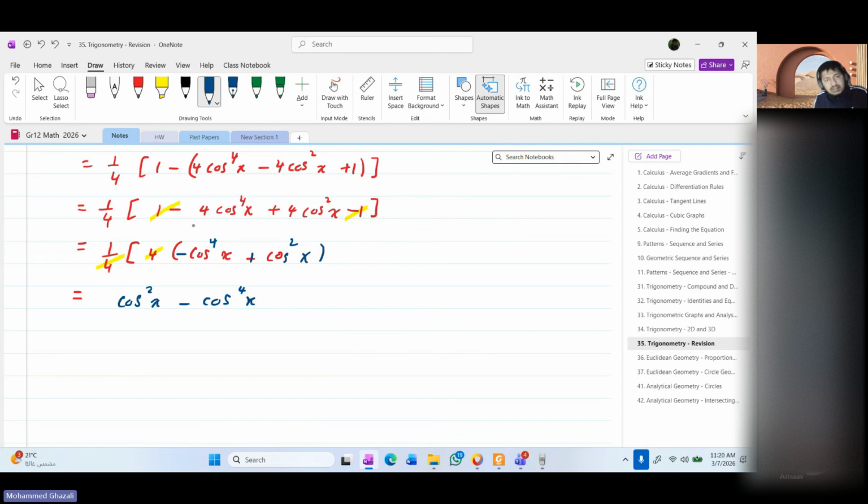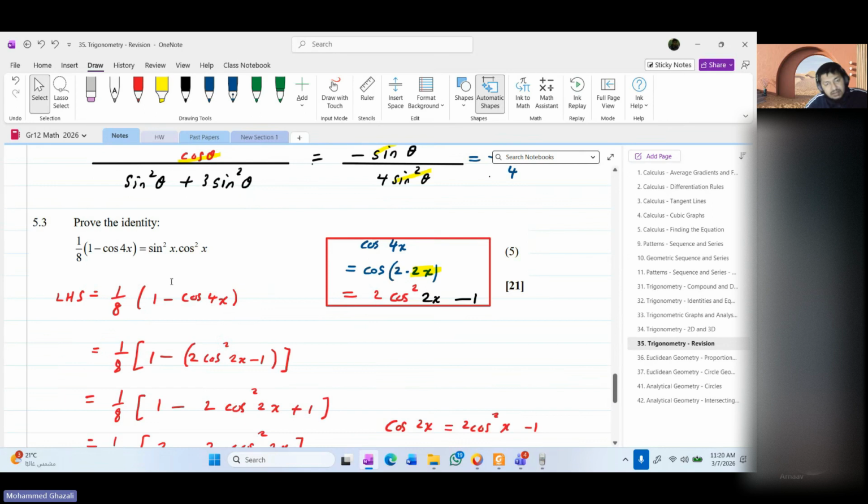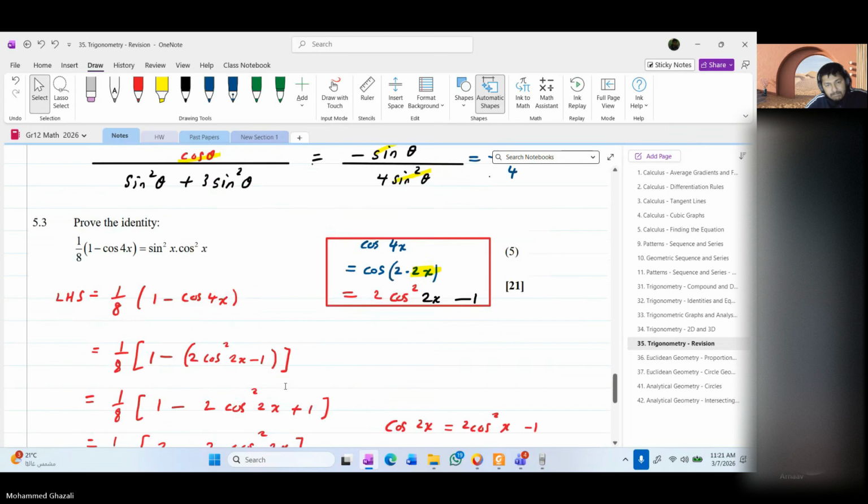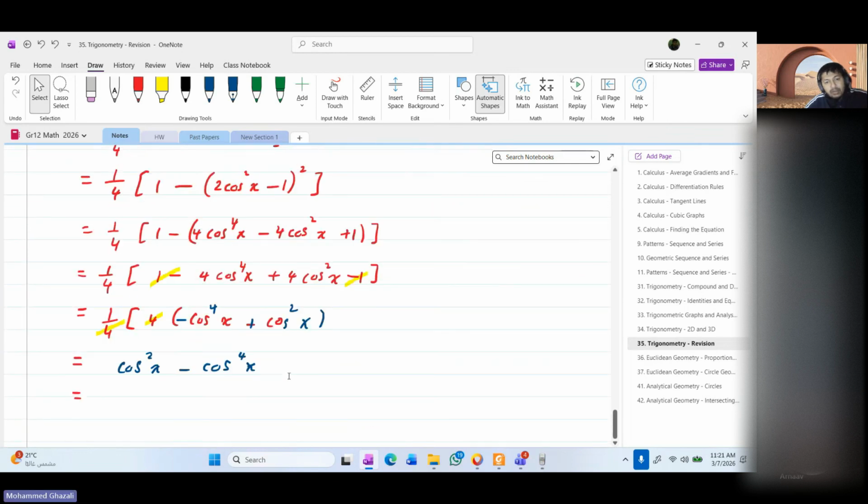Cos squared x is, wow, how did I end up with this? Cos squared x minus cos 4x. I ended up with a minus. I should have tried the right-hand side into the left-hand side. Oh, wait a second.